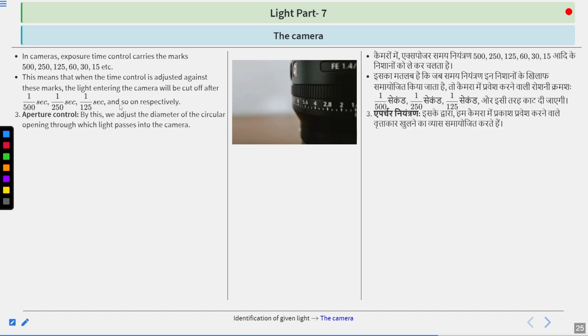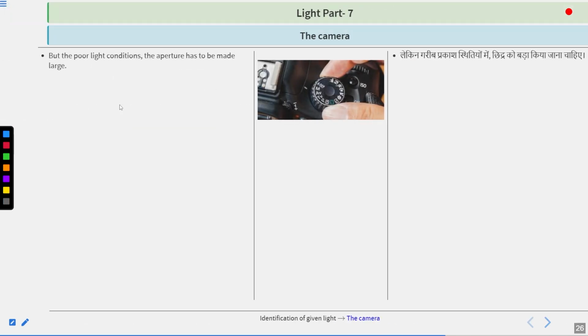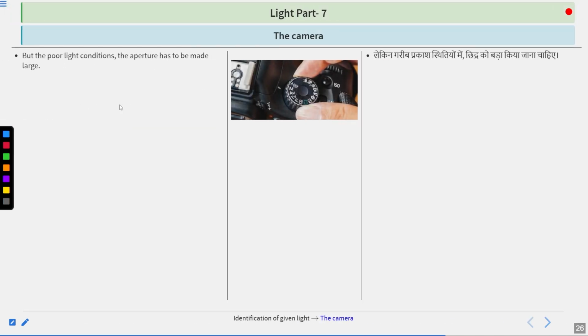Aperture control. By this, we adjust the diameter of the circular opening through which light passes into the camera. In bright sunlight, a small aperture may allow enough light to produce a good image. But in poor light conditions, the aperture has to be made large.